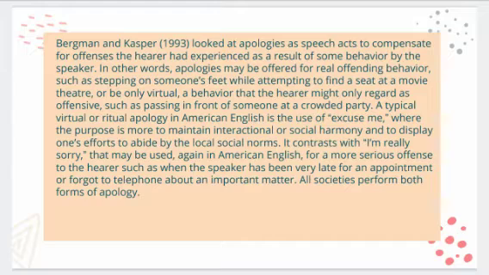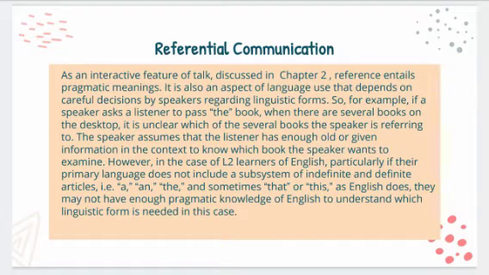All societies perform both forms of apology. And then next we have referential communication. As an interactive feature of talk discussed in Chapter 2, reference entails pragmatic meanings. It is also an aspect of language use that depends on careful decisions by speakers regarding linguistic forms.